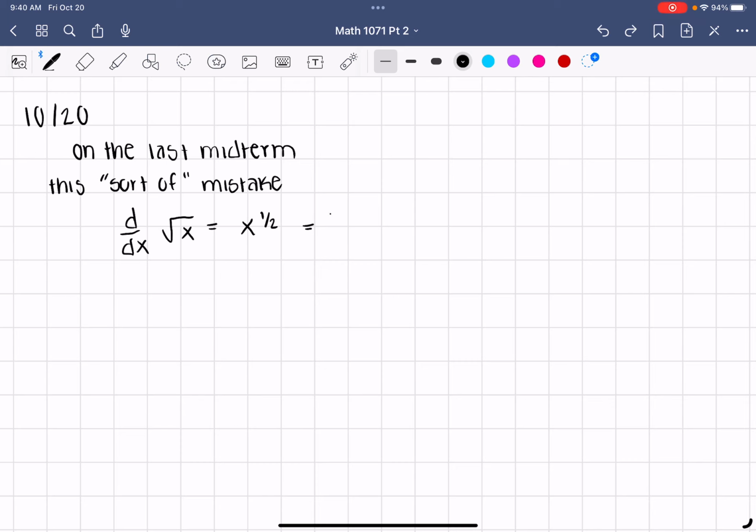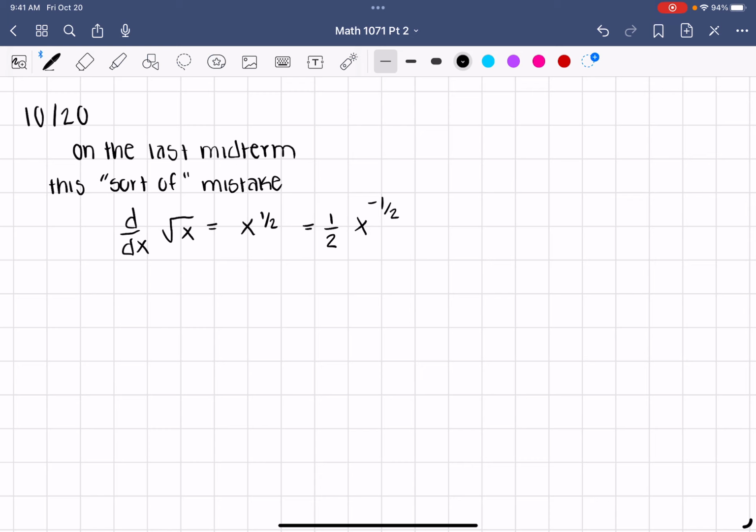What you did was just the algebra. You thought by turning the root into a power you were done. No, that's only the algebra. Rewriting the root as a power 1/2, that's algebra, not calculus.